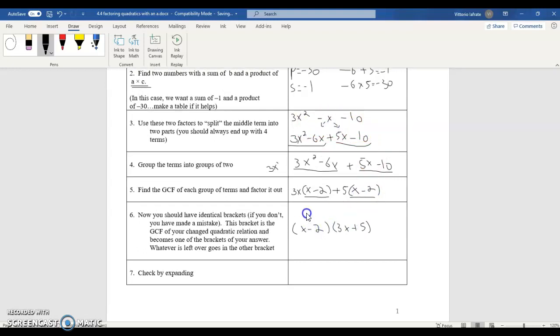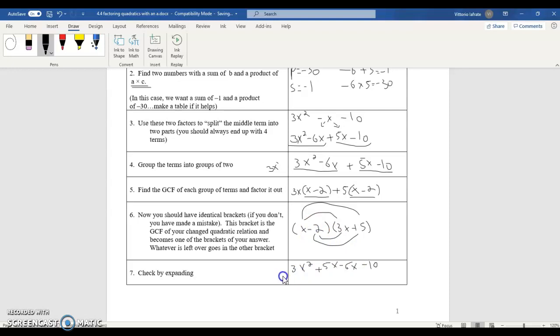So for example, I would do x times 3x gives me 3x squared, using FOIL of course. Then x times 5 gives me plus 5x. Minus 2 times 3x is minus 6x. And then minus 2 times 5 is negative 10.